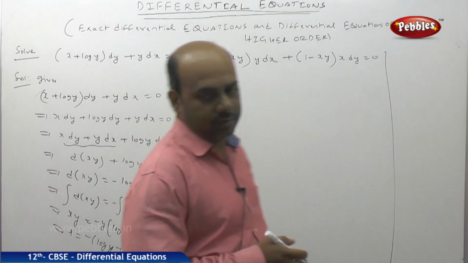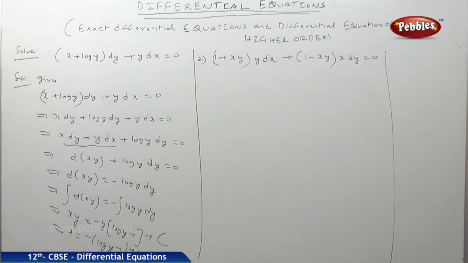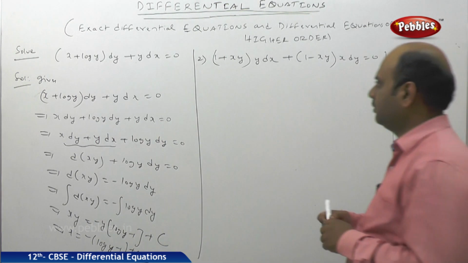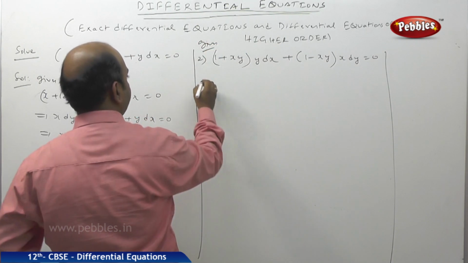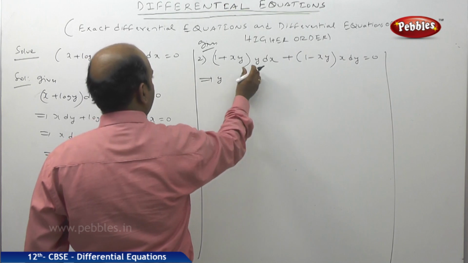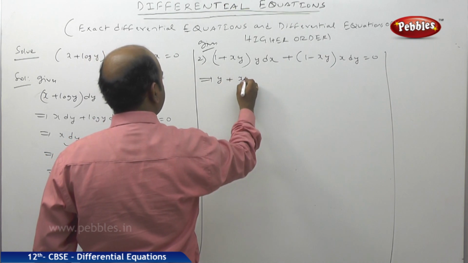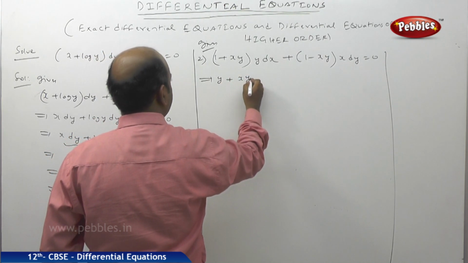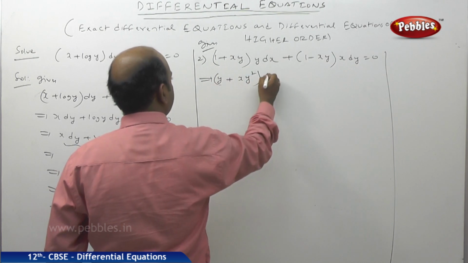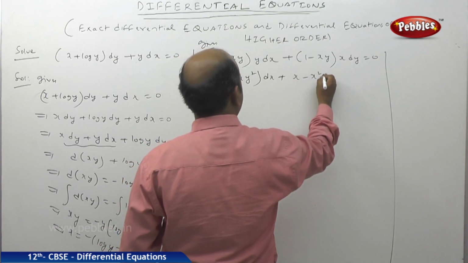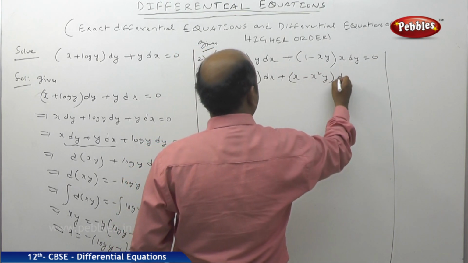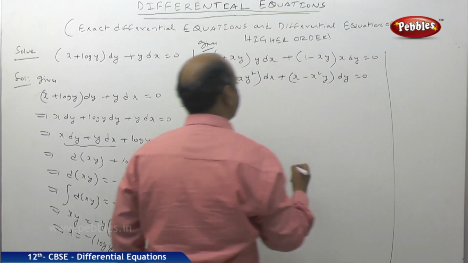Right, coming to this problem, (1 plus xy) y dx plus (1 minus xy) x dy equal to 0. This is given to us. So what I will be doing is multiplying: (y plus xy square) dx plus (x minus x square y) dy equal to 0.